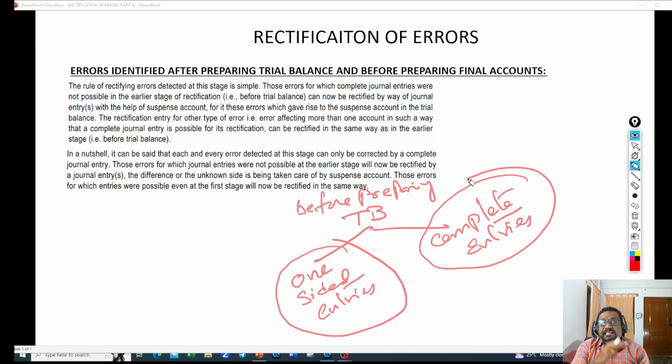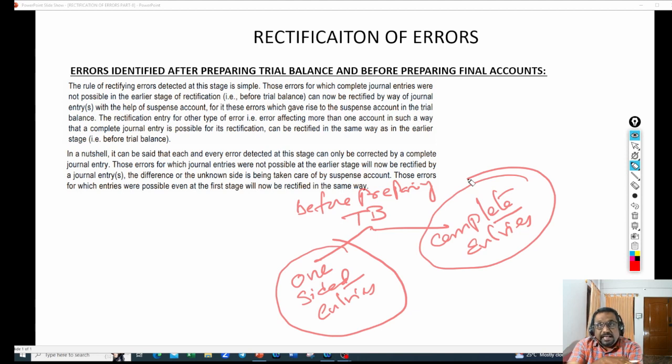The second reason why one-sided entries are prepared in the first stage is that those errors are identified before preparing the trial balance. This is the other reason I am adding now. Why is that reason added now? Because if the errors are identified after preparing trial balance and before preparing the final accounts, you need to understand in detail why one-sided entry has been prepared previously.